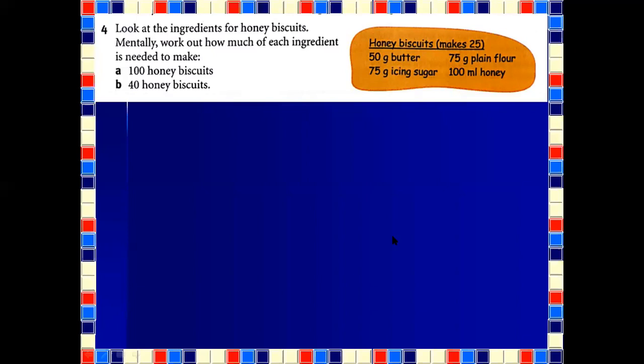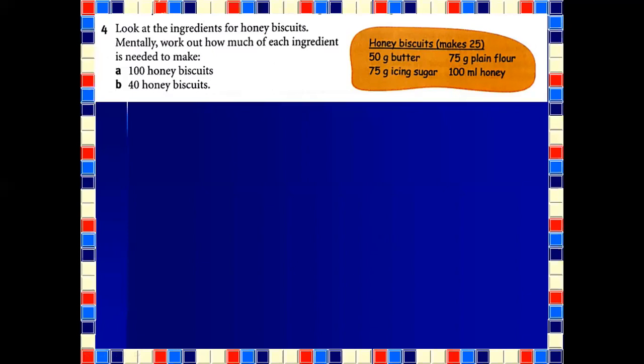It will need 200 grams of butter. Why? Because this is the amount for 25 and we will make 100, so I will multiply each amount by 4. Is it right? Yes. Thank you.